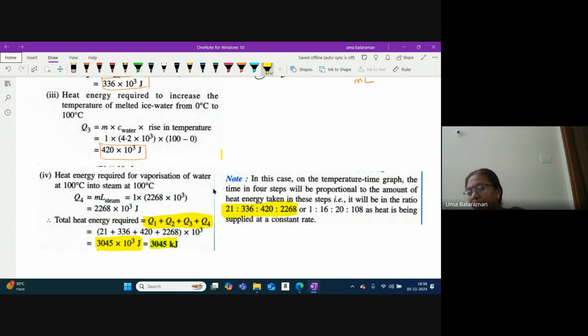Less time is taken for melting. If x seconds is taken for raising from minus 10 to 0, 16 times the time is taken for melting, 20 times the same time is taken for heating, and 108 times is taken for vaporization.